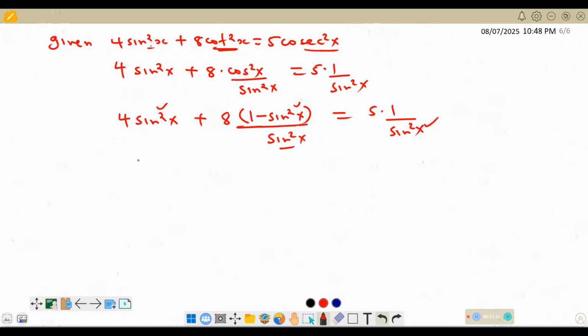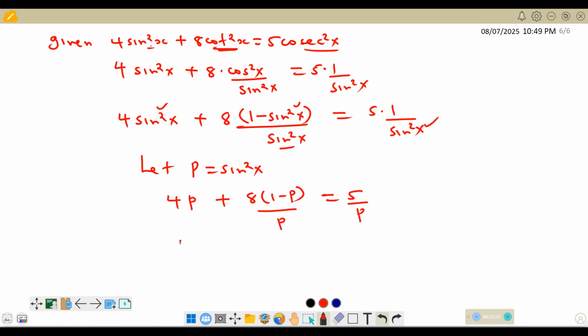So from there you will do the same thing. You will let your p be sine squared of x. So you will have 4p plus 8 into 1 minus p divided by p, which is equal to 5 divided by p. So you will multiply through by p, and you will have 4p squared plus 8 into 1 minus p, which is equal to 5.